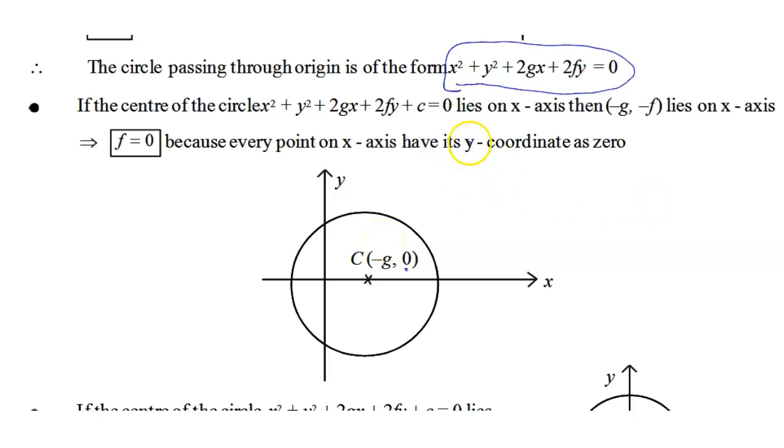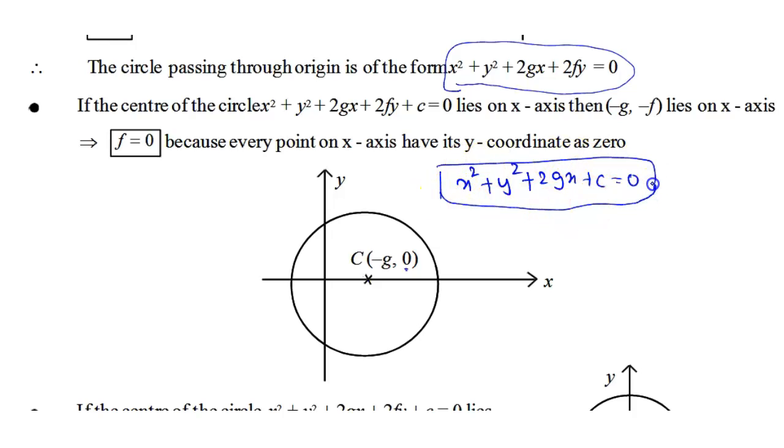So the formula goes to x square plus y square plus 2gx plus c is equal to 0.